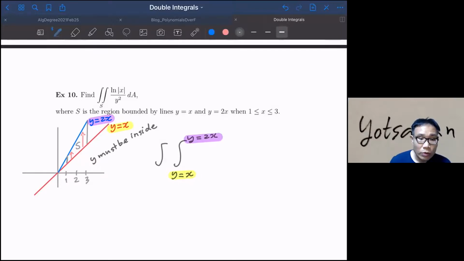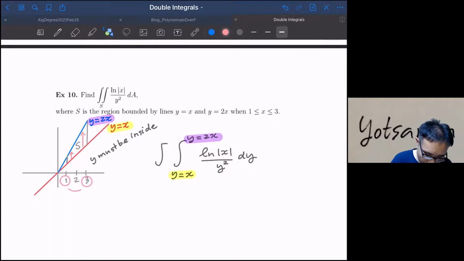Yeah. So y must be inside, and you're going to have log absolute x over y dx dy, y squared dy, and x is going to cover from x equal to 1. So it's going to be from 1 to 3.